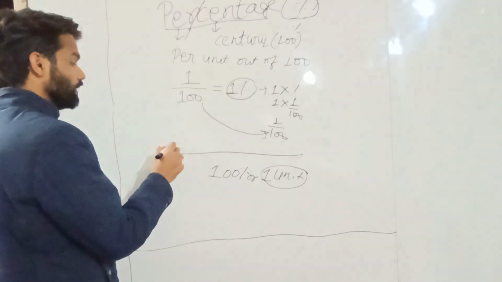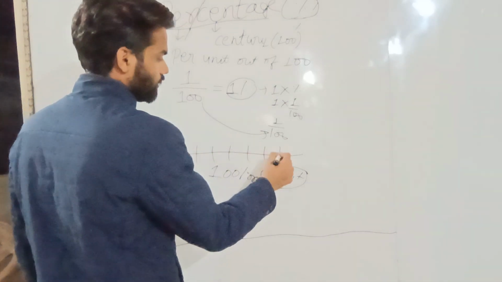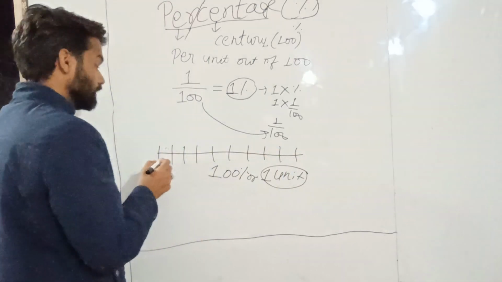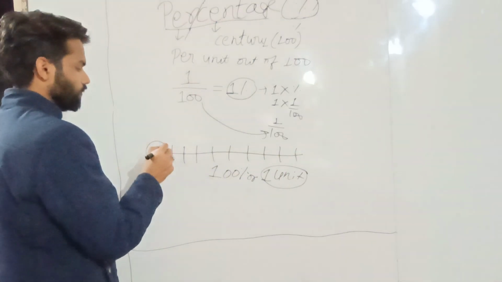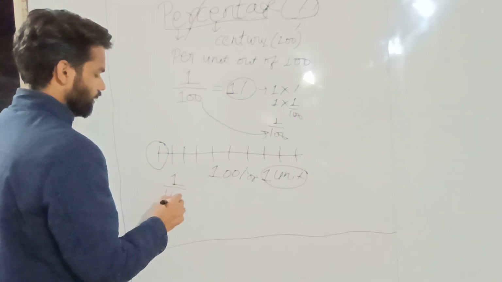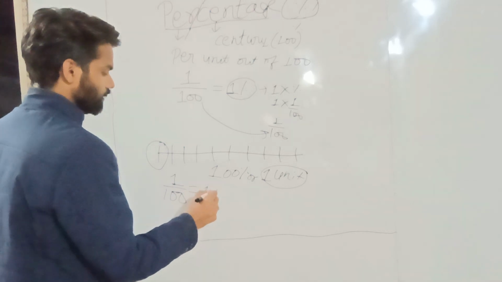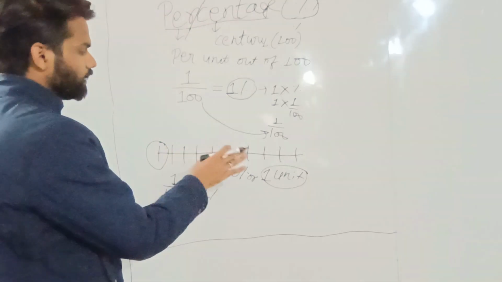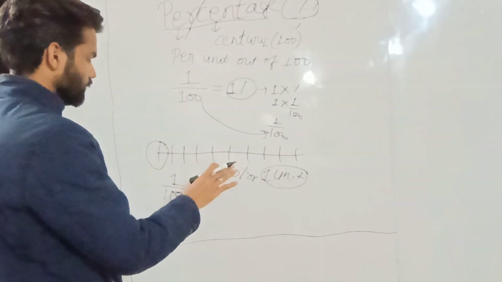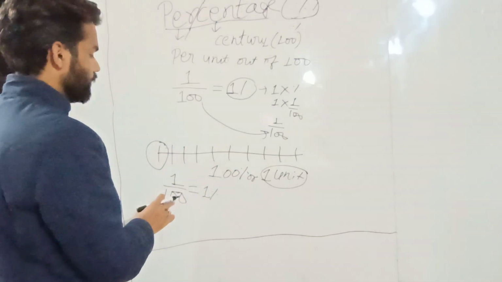But if we divide this 100% into 100 equal parts, then we can say this one part of this stick is 1 upon 100, or we can say 1%. We have divided this stick into 100 equal parts, and this one is 1% out of 100.